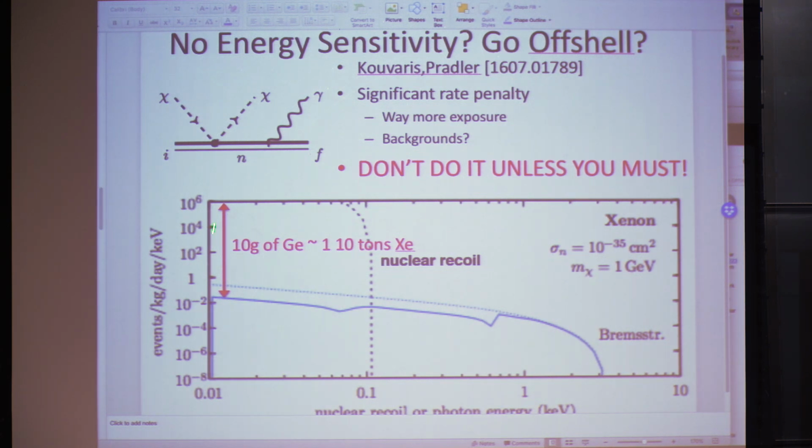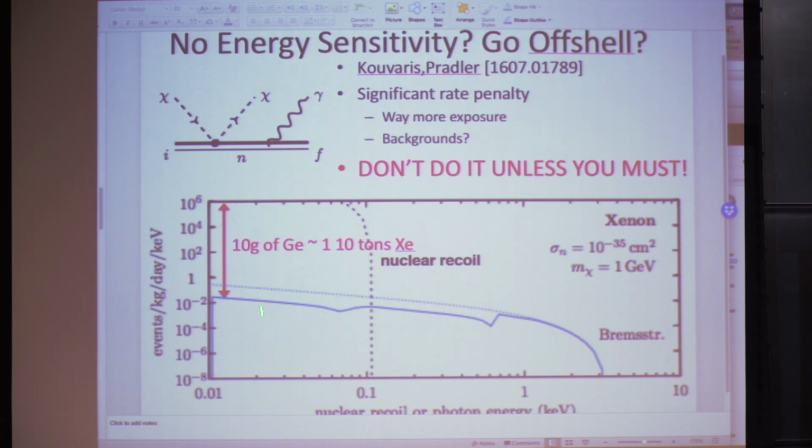And here actually is that rate penalty. Integrated over the system, it's something like 10 to the minus 6. So this works if you have a giant 10 tons of xenon lying around. You would totally look for the signal because it allows you to extend your search down to something like 100 MeV.